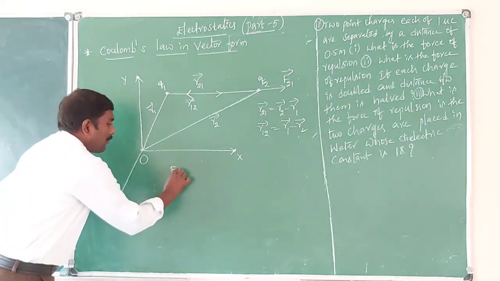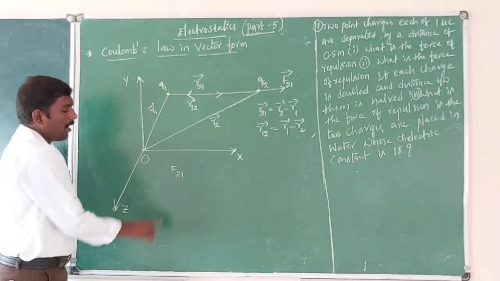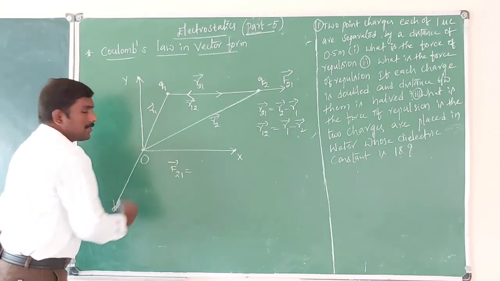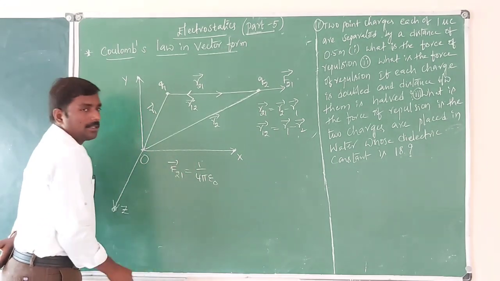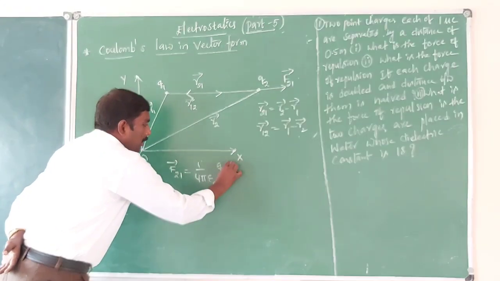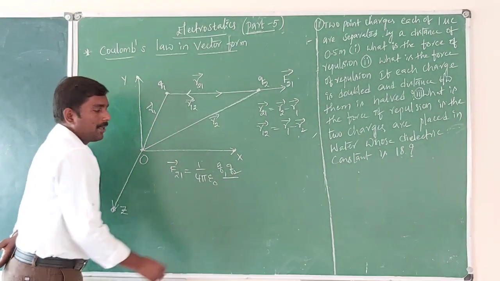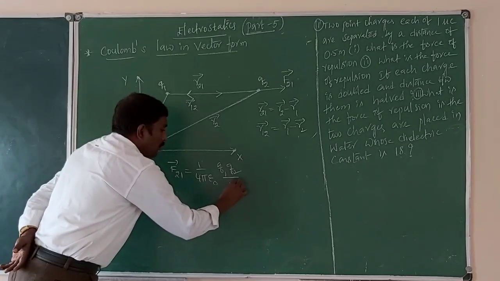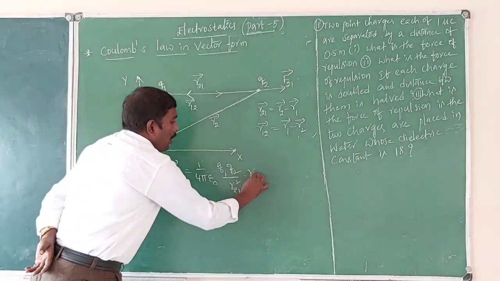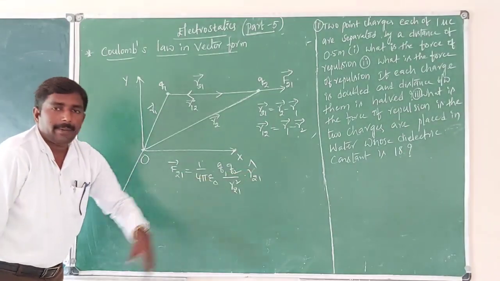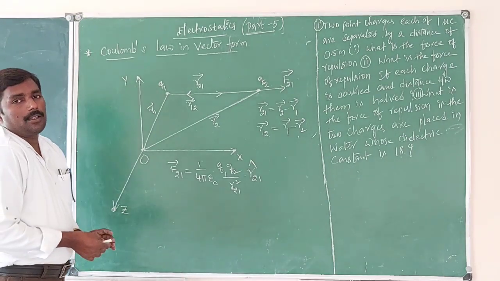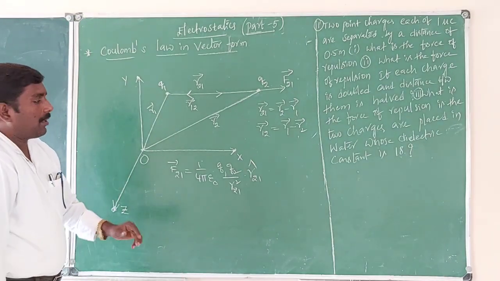See, from Coulomb's law, the F21 vector is equal to 1 by 4 pi epsilon naught, Q1 Q2 by R21 square, into R21 cap, where R21 cap is the unit vector.